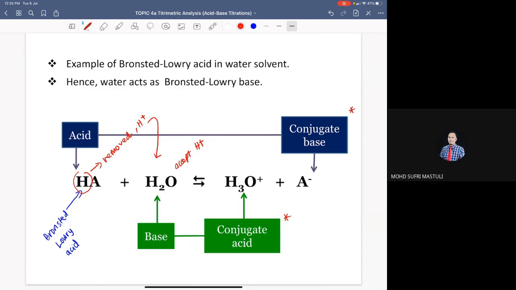Conjugate acid is a species formed when the proton is added. I hope you can understand the difference between acid and conjugate base, and base and conjugate acid. Remember, Bronsted-Lowry is about proton donor or proton acceptor.